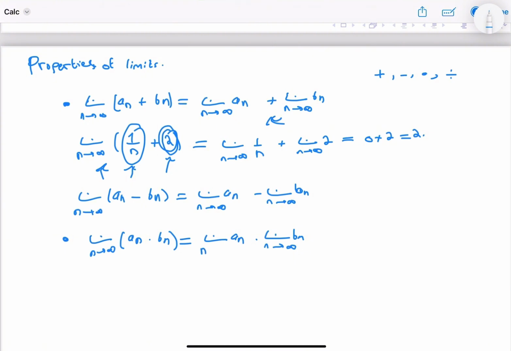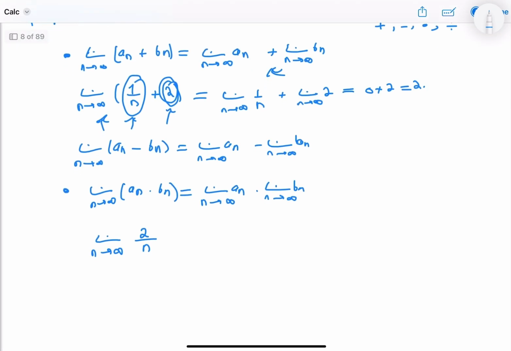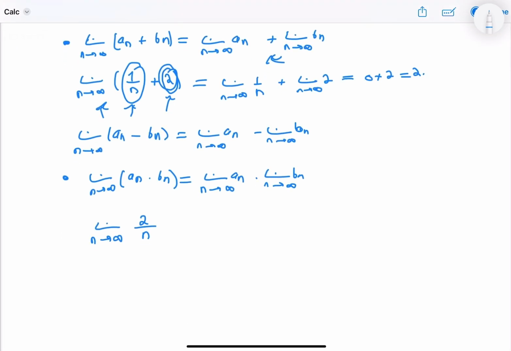Let us take an example here. What is the limit of 2 over n as n tends to infinity? Intuitively, let's write a few terms of this sequence. It's 2 over 1 for n equals 1, then 2 over 2 for n equals 2, then 2 over 3, 2 over 4, and so on.